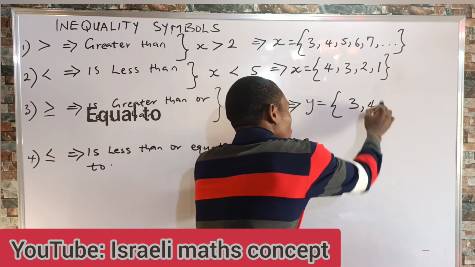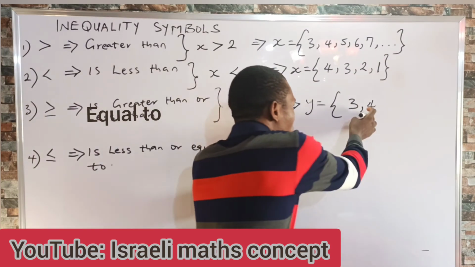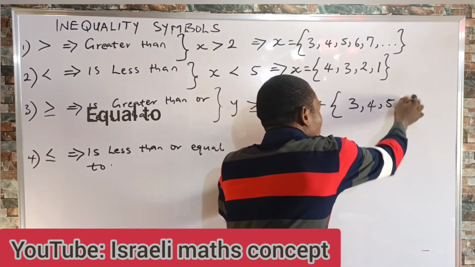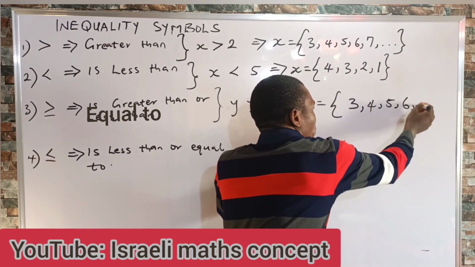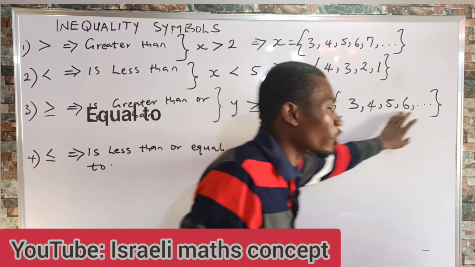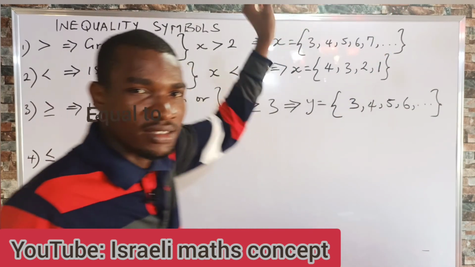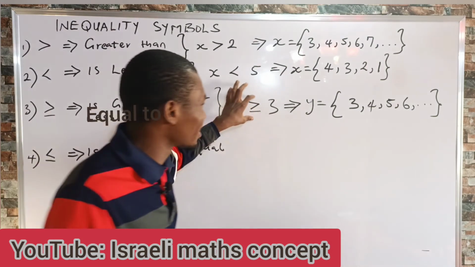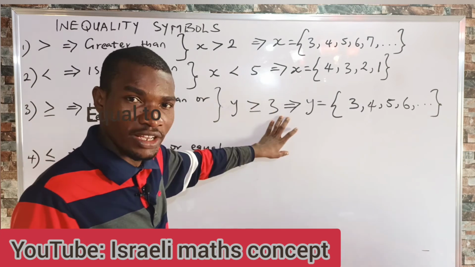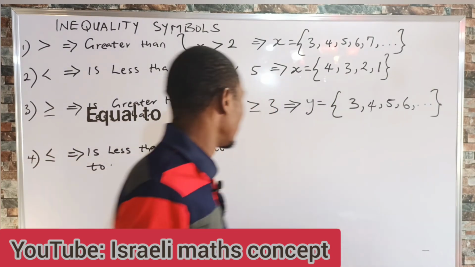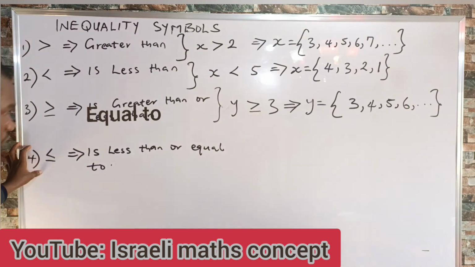That is 4. What is another number above 4? That is 5. What is another number above 5? That is 6. Then comma, I put 3 dots. This 3 dots means that the numbers continue and tend to infinity. It does not end, because numbers that are greater than or equal to 3 will take their range from 3 up to infinity.